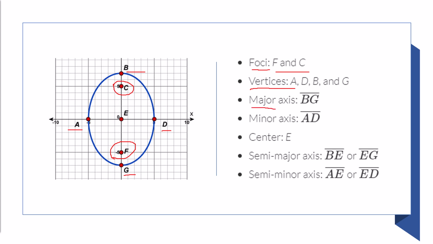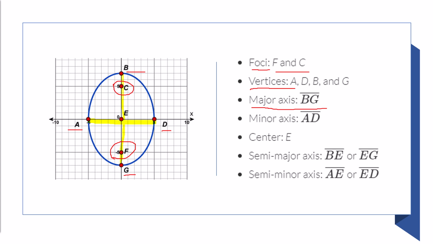All right, the major axis is going to be the longer axis. So that's going to be B, G. The minor axis is going to be the shorter axis, or AD. The center is right in the middle.